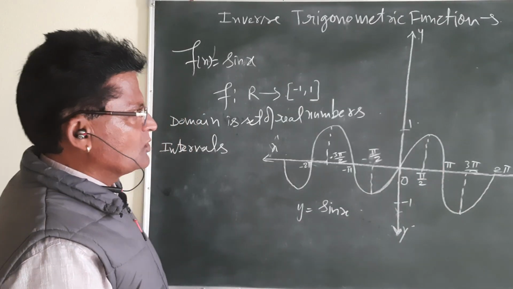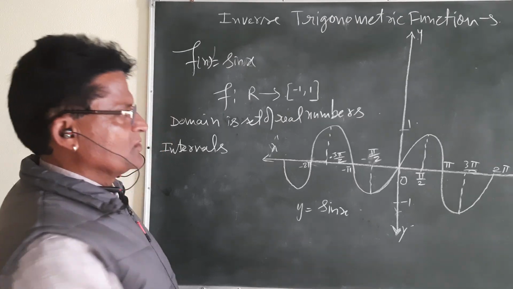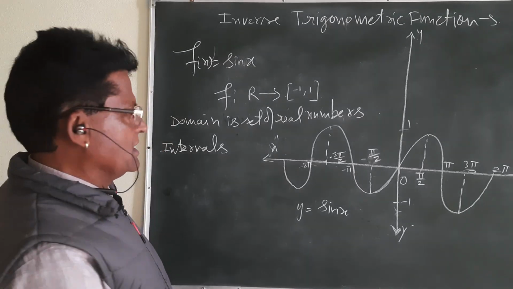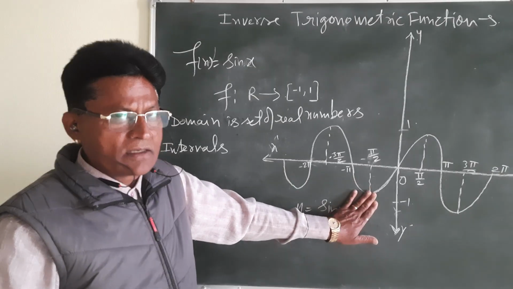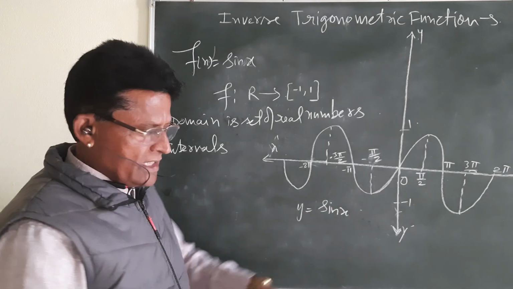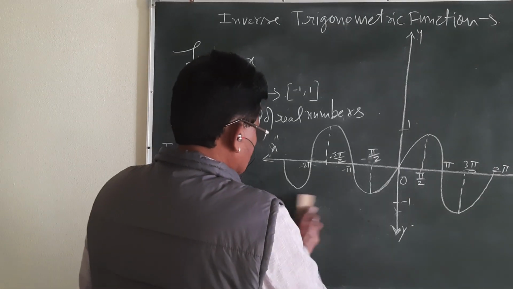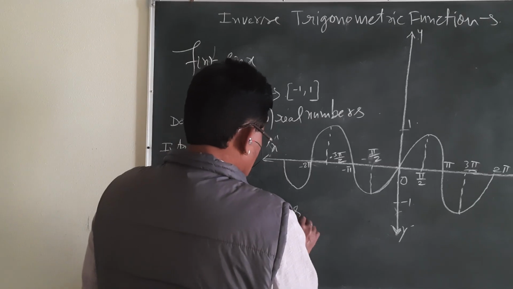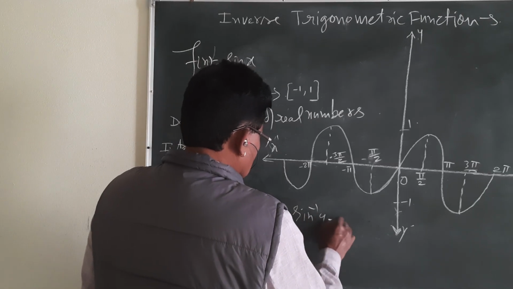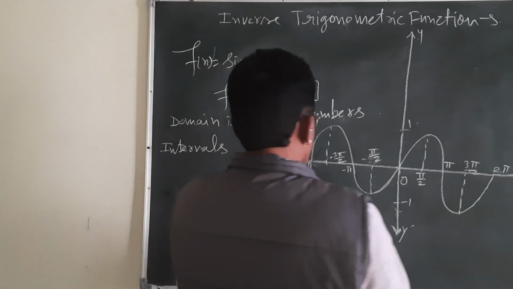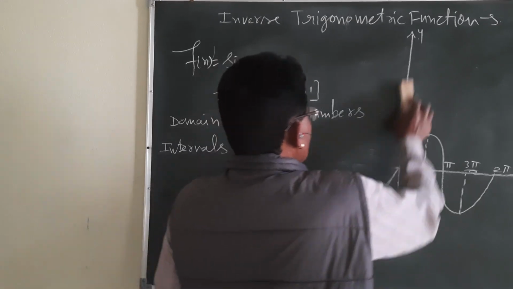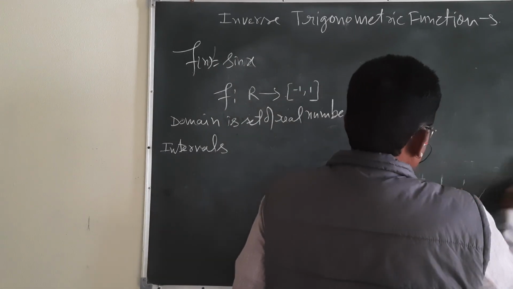Okay, let me draw a graph for the inverse of the function. See carefully, try to understand. The same graph I am taking for the inverse of the function. That will be sin inverse, y is equal to x, suppose. I am going to draw the graph for the inverse of the function.